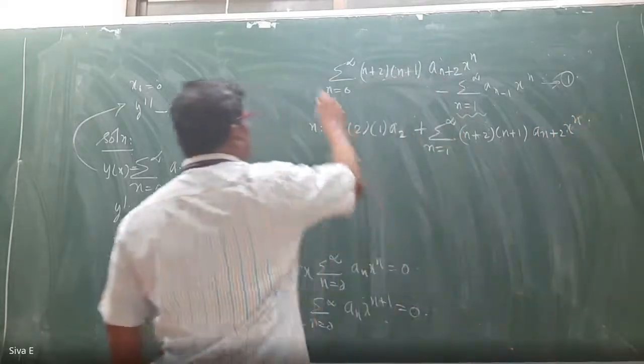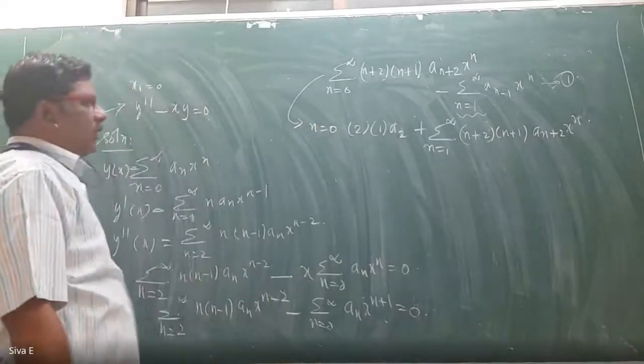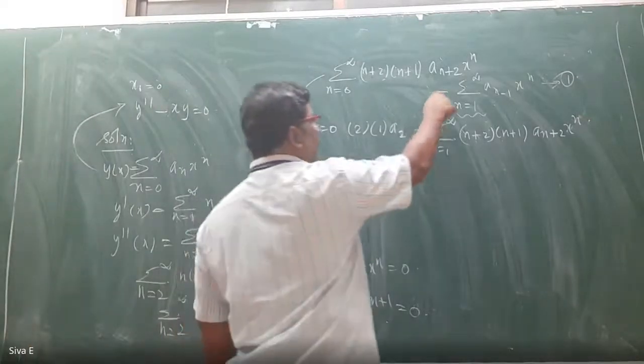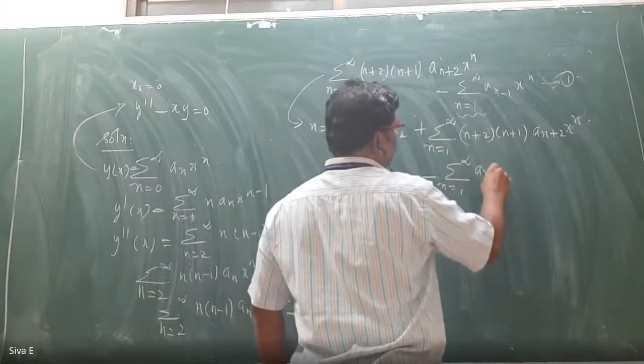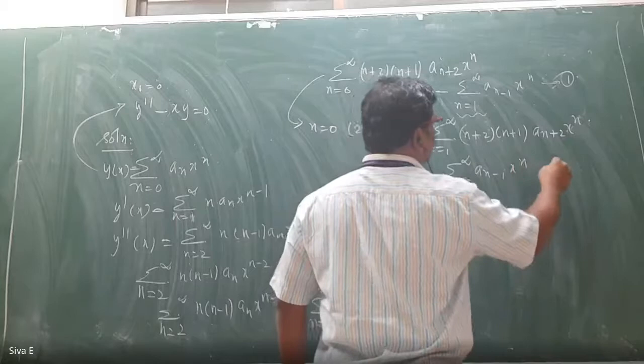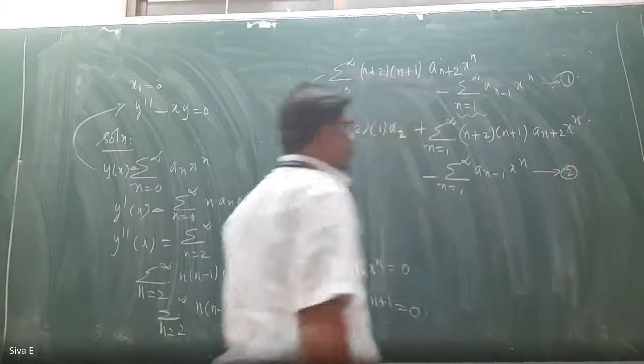Here minus is there, minus summation of n equal to 1 to infinity a n minus 1 x power n. This is equation number 2.